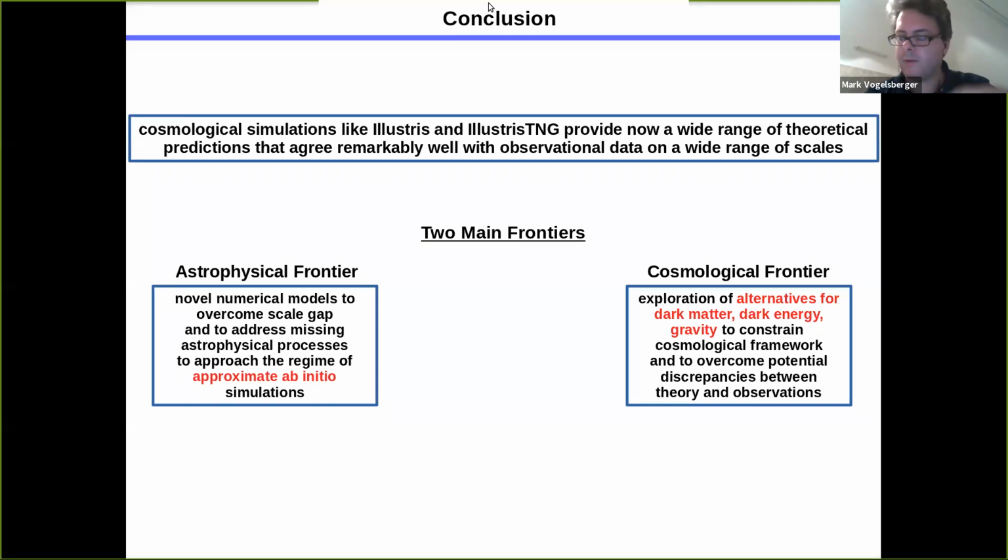And so they already ran some very large dark matter only simulations with Gadget 4, way larger than what we had done before. And there the scalability really pays off. And also things like dynamic range.